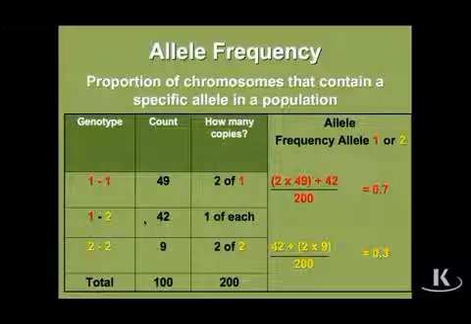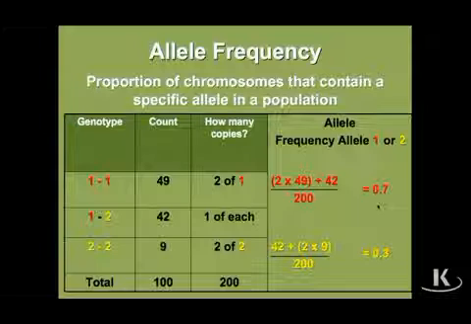Each of the 42 heterozygous people has 1 copy of allele number 1. So there are 42 additional copies of allele 1 in the heterozygous people. The homozygous 2-2 people don't have any copies of allele number 1. So to determine the allele frequency for allele number 1, we multiply 2 times 49, add 42, and divide everything by 200. Our allele frequency for allele number 1 is 0.7. That means 70% of those RFLP genes in this population are represented by allele number 1.